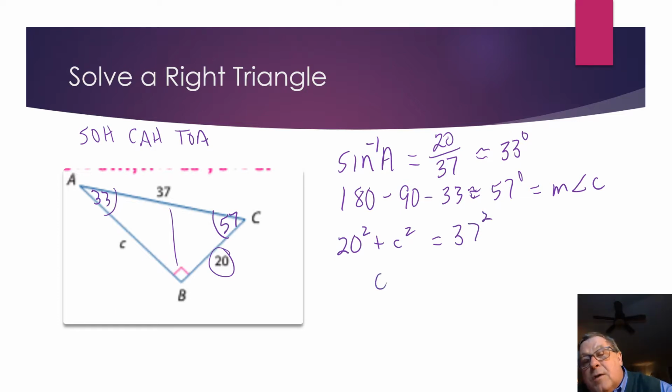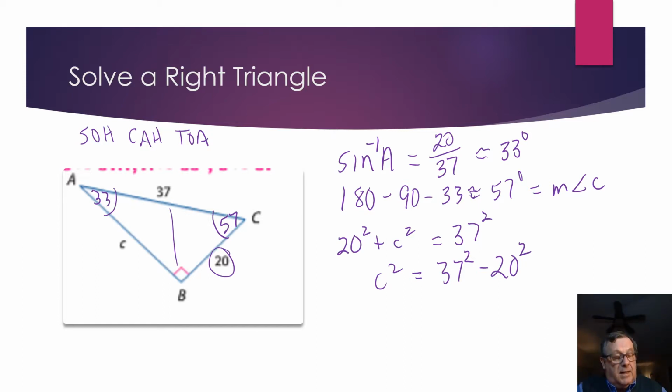So that c squared is equal to 37 squared minus 20 squared. And actually, this is how I would put it into the calculator. I could do 37 squared first, then subtract out 20 squared. What's 20 squared, of course, is not hard. It's 400. 37 squared is going to be a different number.